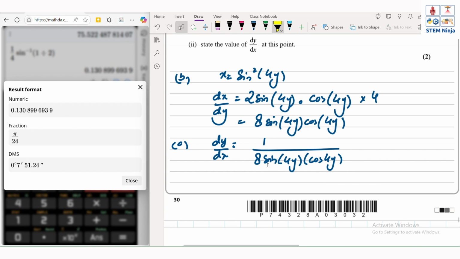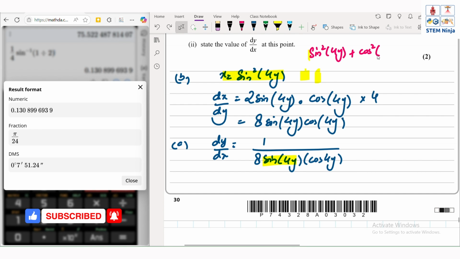Now, the sine 4y is coming from this square root of x, and cos 4y can come from the fact that sine squared 4y plus cos squared 4y is equal to 1.